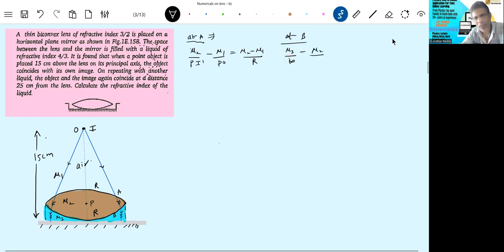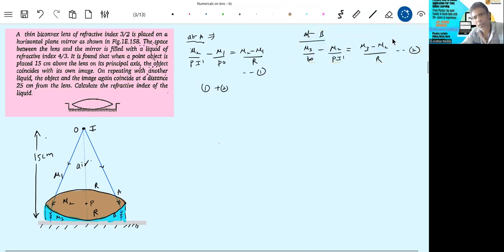Minus mu2 over v dash equals mu3 minus mu2 by R. Adding up these two, minus mu1 over u equals mu2 minus mu1 by R. Adding equation 1 and equation 2.